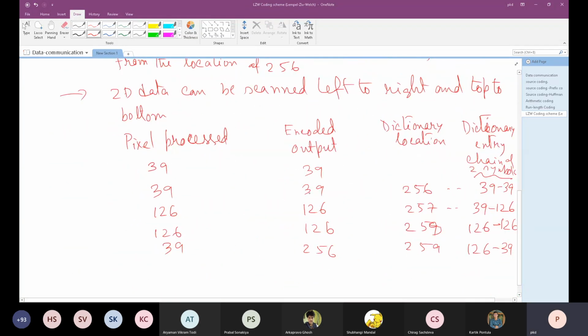Okay. So encoded output, initially we have 39, 39, 126, 126. The next encoded output is 256. Okay. So that is 39, 39.